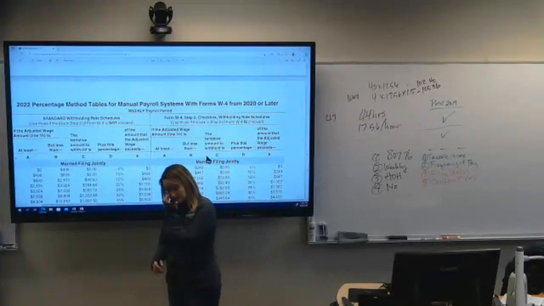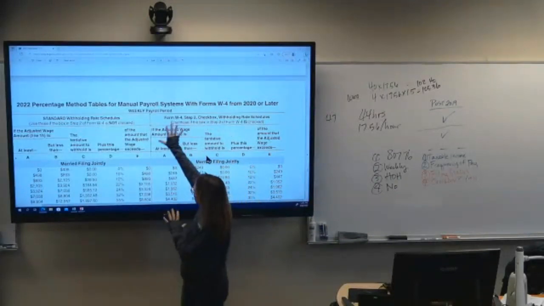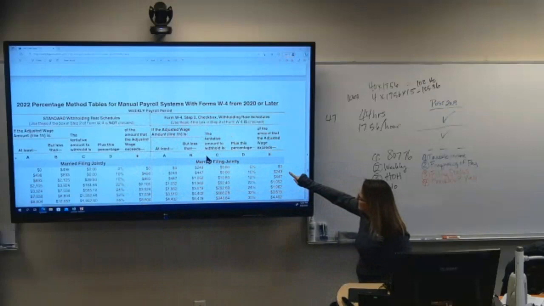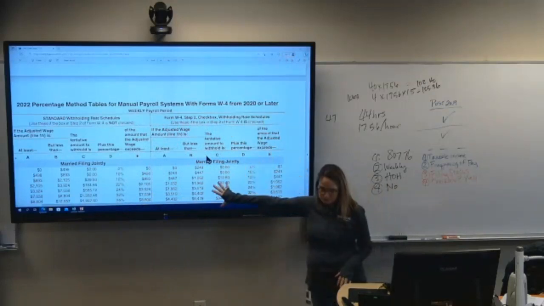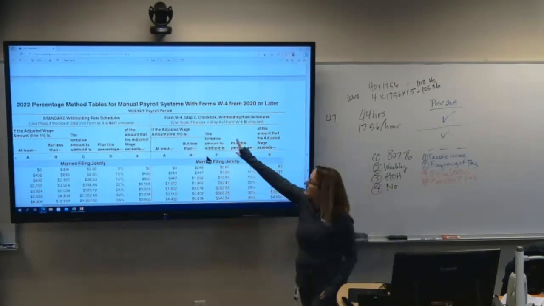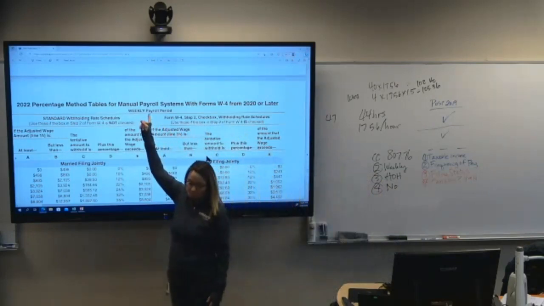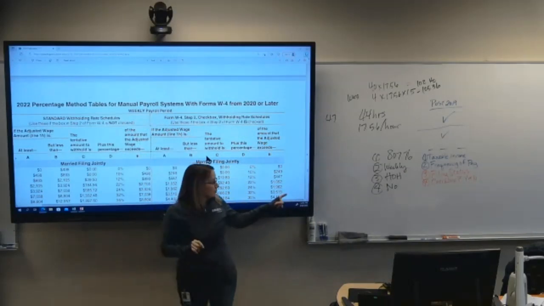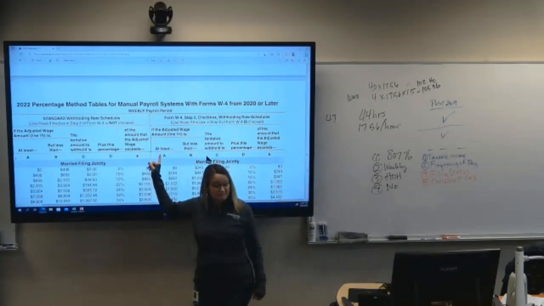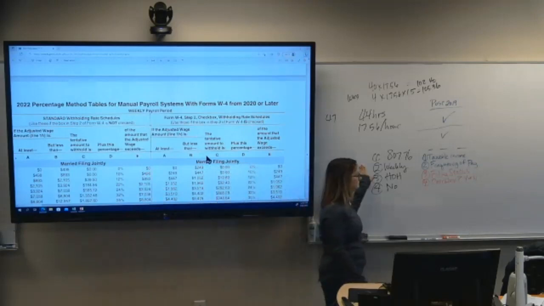Now you'll see we have a page that is full of tables for each of the separate pay frequencies. So again, first thing you've got to do, what's the frequency of pay so that you can find the right page. In this case, it was weekly.